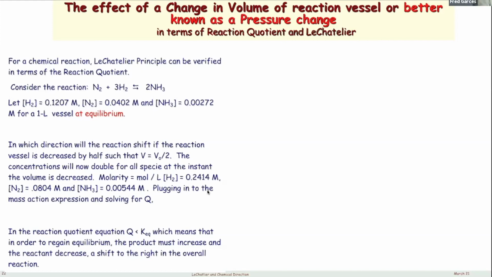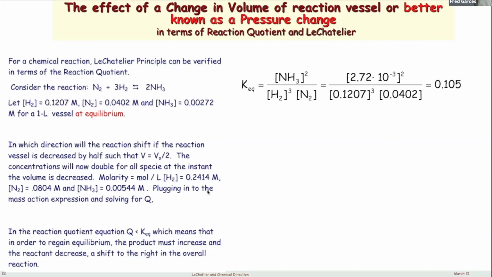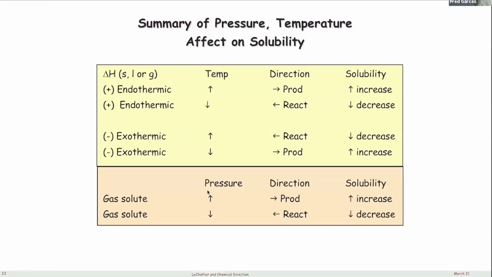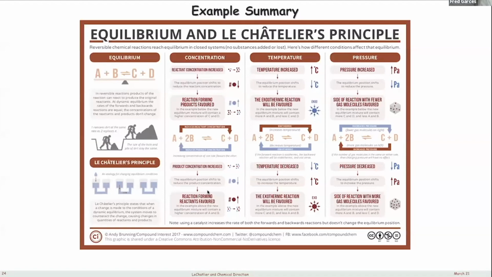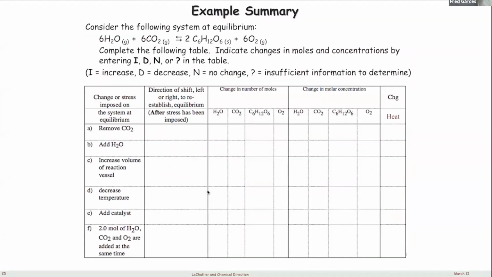Okay, so let me move on to this right here. This is just a summary of what we talked about last time. And likewise here, let's take a look at this problem. Again, this is a typical problem you will see in your next quiz. What you need to do is predict, first of all, whether the reaction is going to shift to the left, more reactant, or to the right, more product.